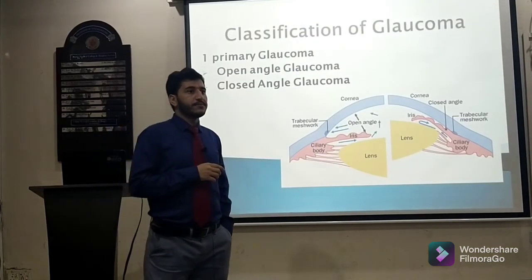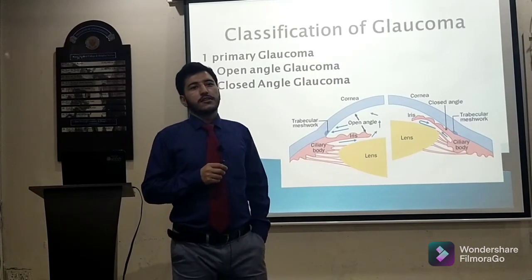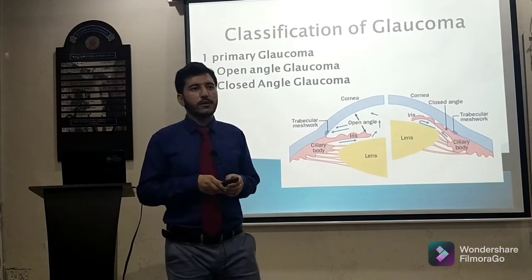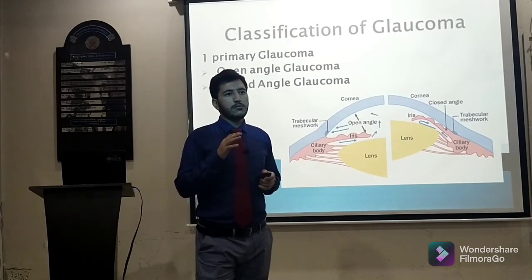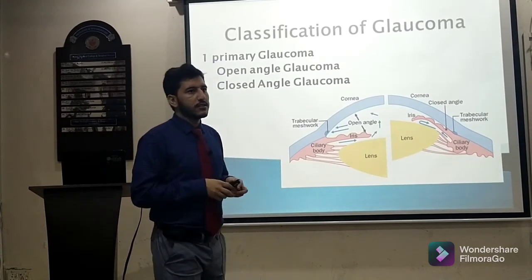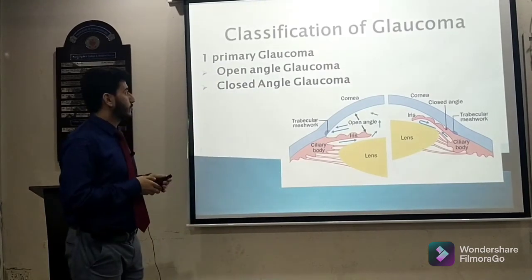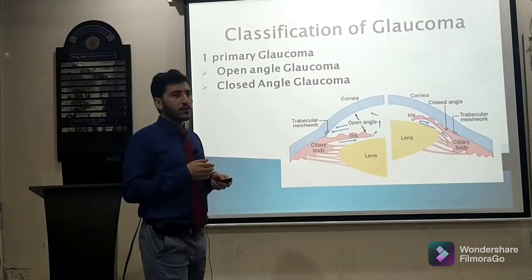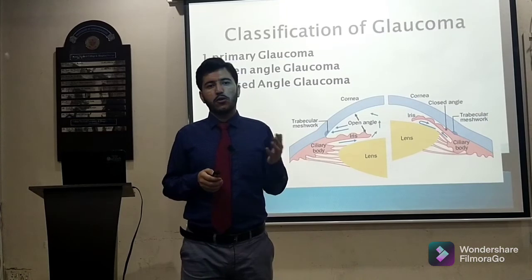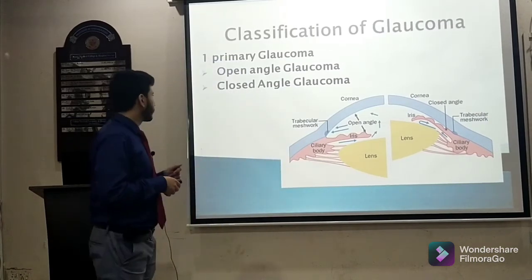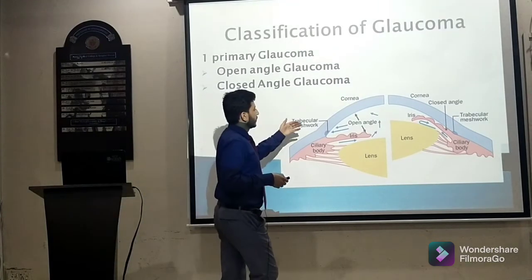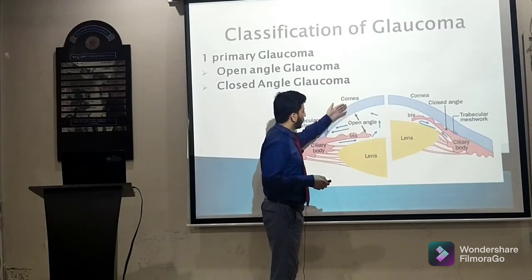Classification of glaucoma. There are multiple types of classification, but the most simple classification is the one we will discuss now. Primary glaucoma is of two types: open angle glaucoma or closed angle glaucoma. In open angle glaucoma, the angle between the iris and cornea is open.